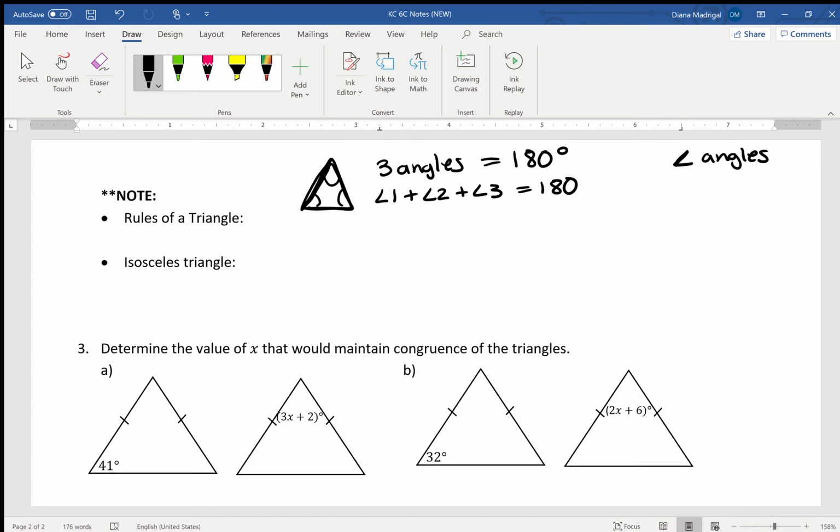And that is called an isosceles triangle. An isosceles triangle has 2 sides that are the same. And because we have two sides that are the same, we have two angles that are the same.